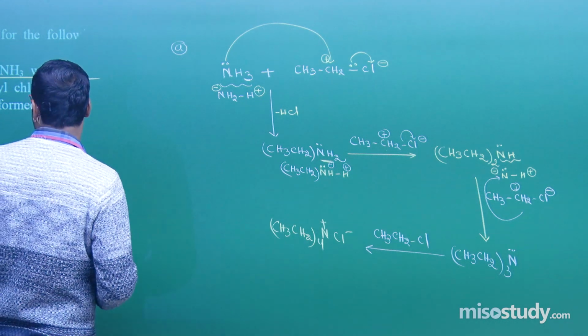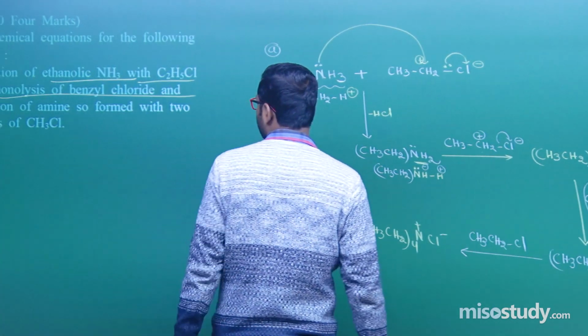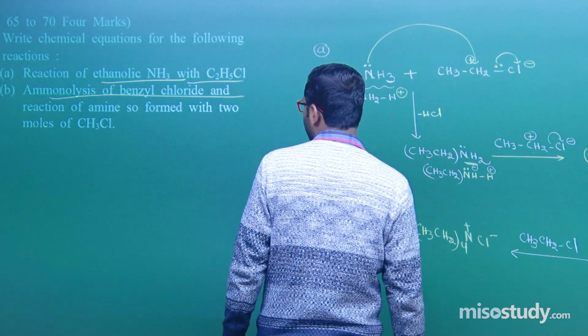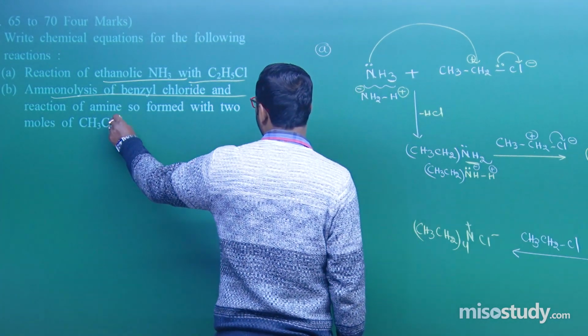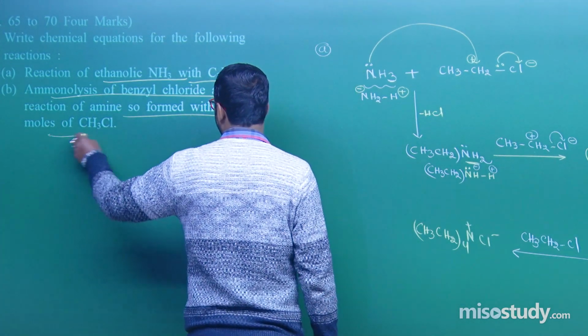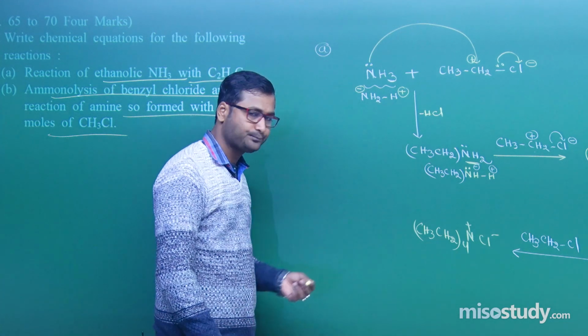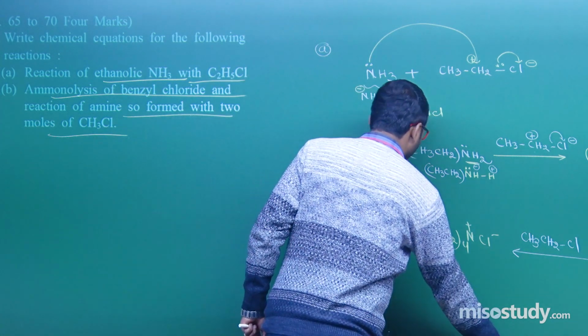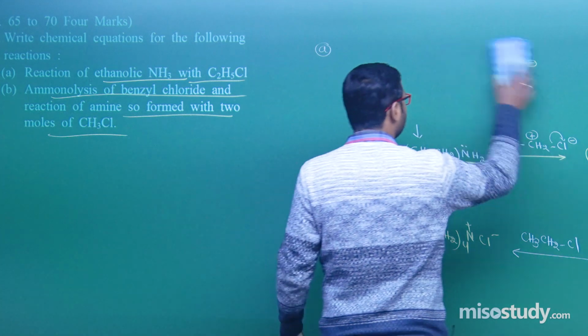Okay. Now the next one is ammonolysis of benzyl chloride, and the reaction of the amine so formed with 2 moles of CH3Cl. Now let's move to the B part. What is given in the B part? Listen carefully.